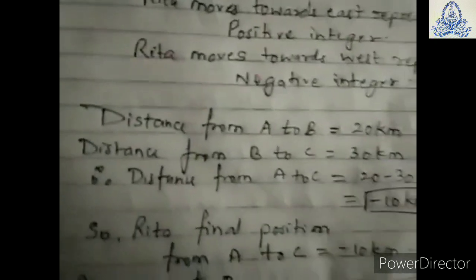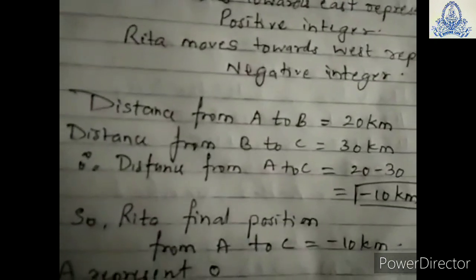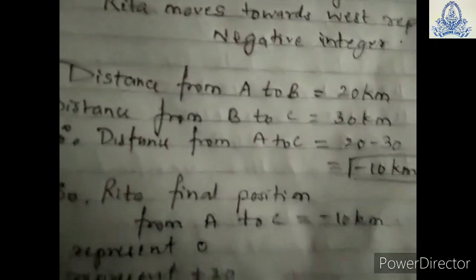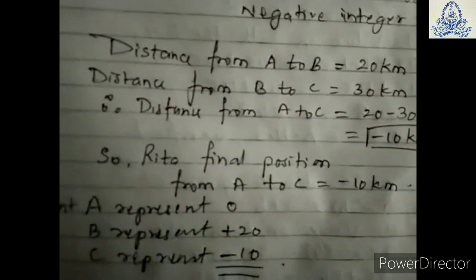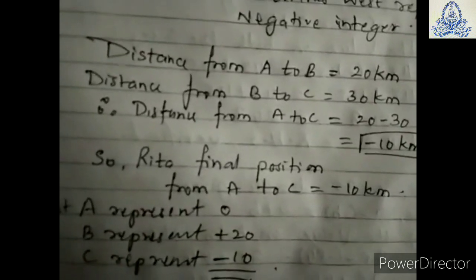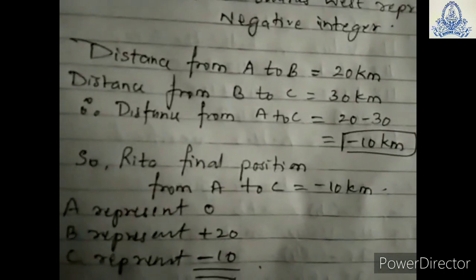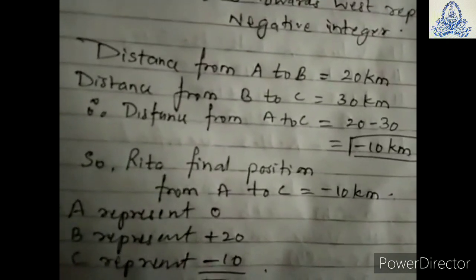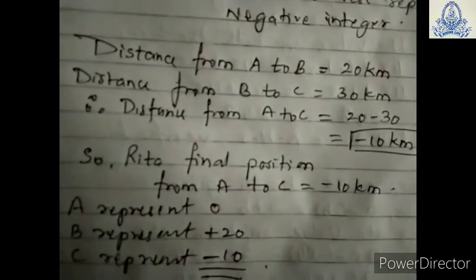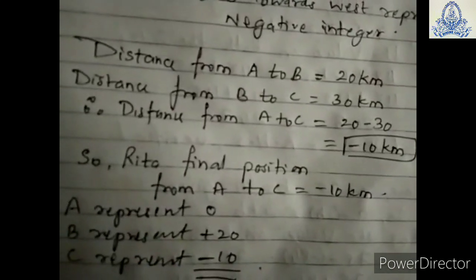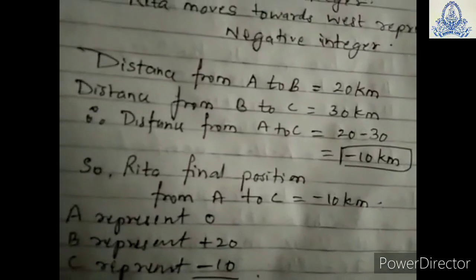Now the distance from A to B towards the east direction is 20 km, given in the question. The distance from B to C towards the west direction is 30 km. Therefore the distance from A to C will be 20 minus 30, and you will get minus 10 km.